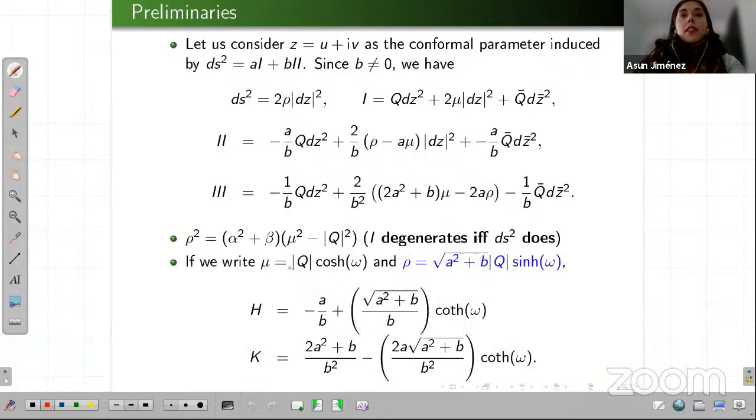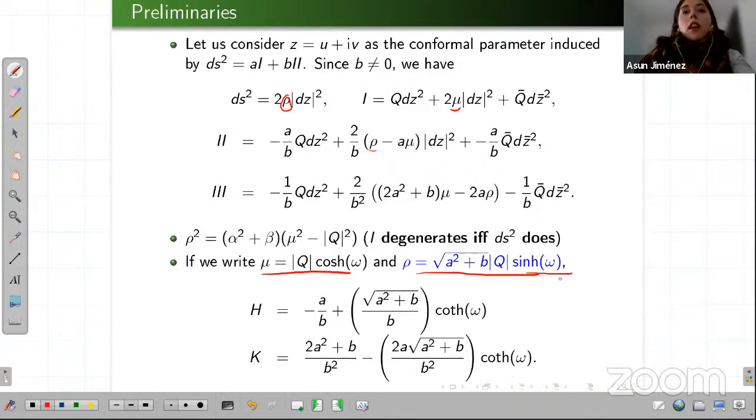We can rewrite these functions appearing here in this way. We can introduce this angle function that we call omega here, this hyperbolic angle function. And we observe that the conformal factor of your metric ds squared is written in this way. And remember, here Q is a holomorphic function.